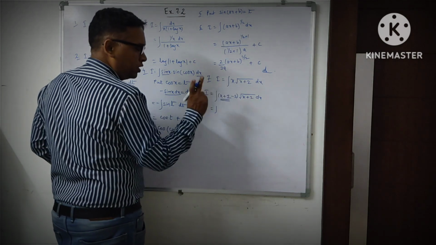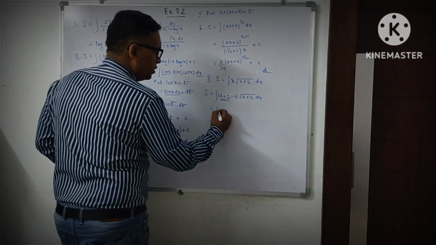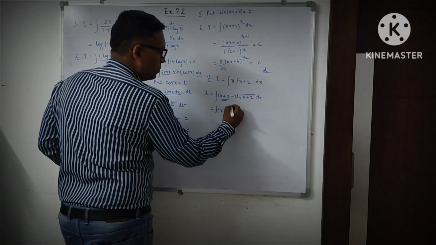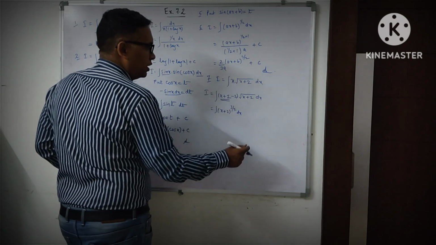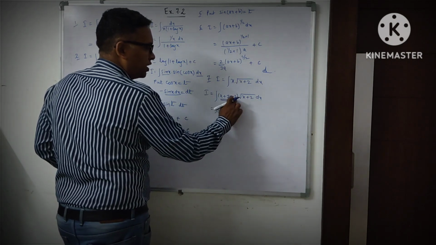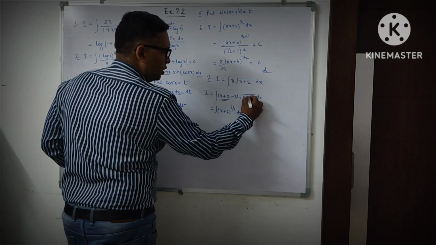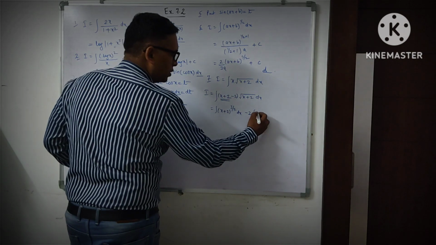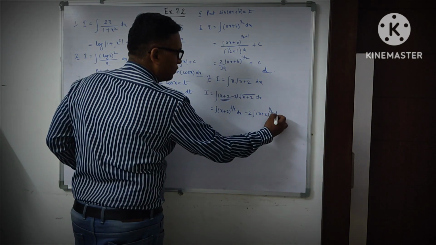Here the power is 1 and under root means the power is half. So 1 and half will become 3 by 2, with dx. Now the multiplication of this under root with minus 2. So I am writing this minus 2 outside and only under root x plus 2 would be there, and I am writing it as (x plus 2) to the power half.